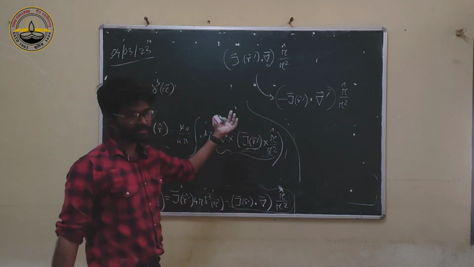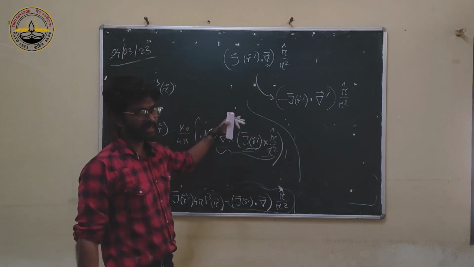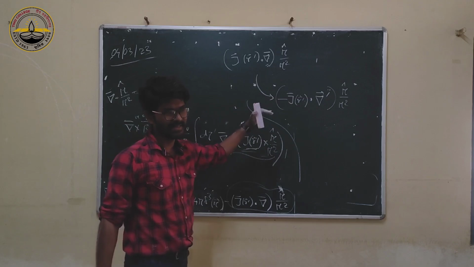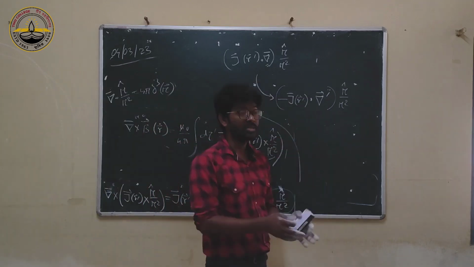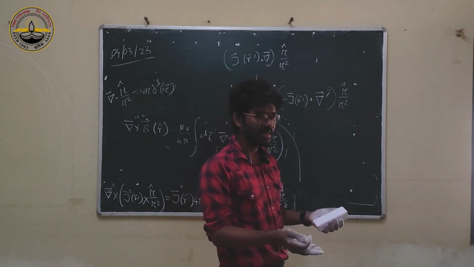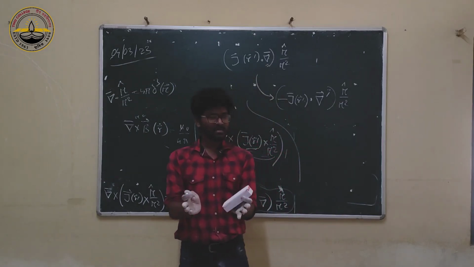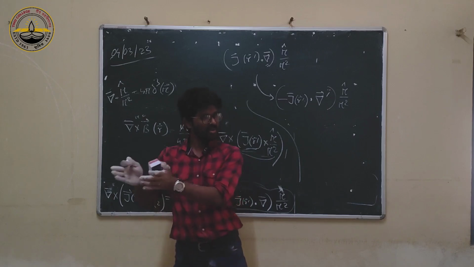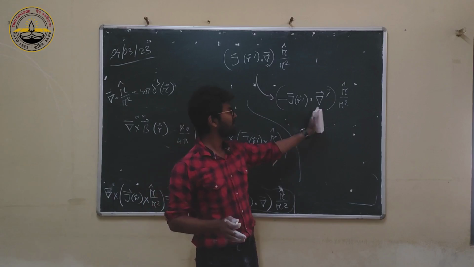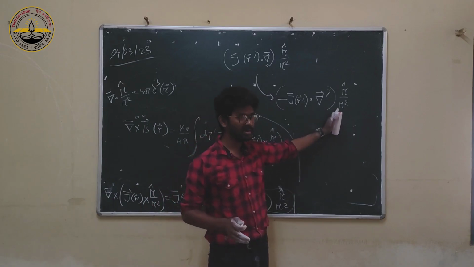Why do we need that? We need that to apply a trick that will help us, the chain rule in derivatives: derivative of f into g is derivative of f into g plus f into derivative of g. So that kind of thing we want to apply here.